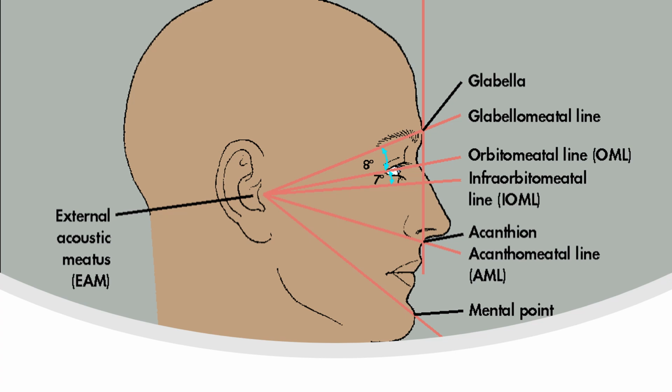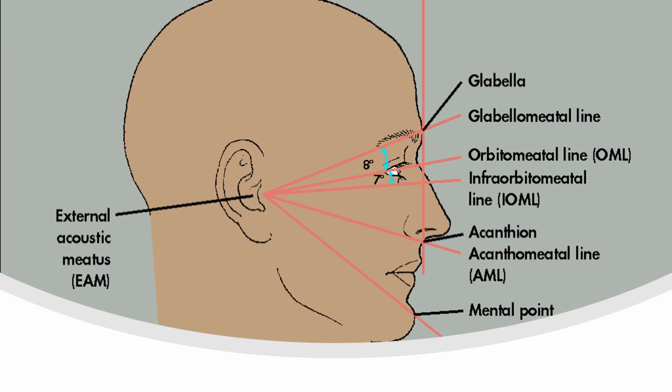Then you have the orbital meatal line, which is the outer canthus to the EAM. The infraorbital meatal line, which is the lower orbital rim to the EAM. The acanthomeatal line and the mental point. Notice for the mesocephalic skull, there's a 7-degree difference between the OML and the IOML.